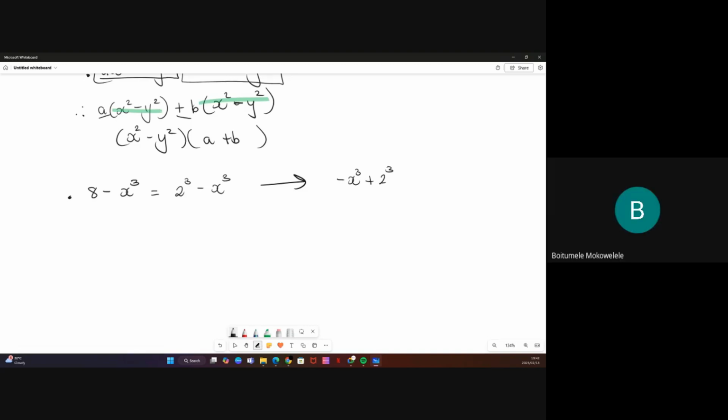And then maybe you take out a common factor of minus 1, so you would have negative x to the power of 3 minus 2 to the power of 3. And then you just do this part alone and leave the negative outside. Do you guys see where I'm headed by doing it this way?